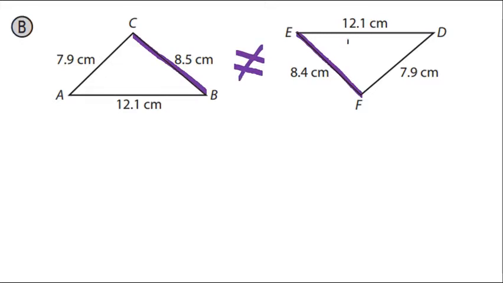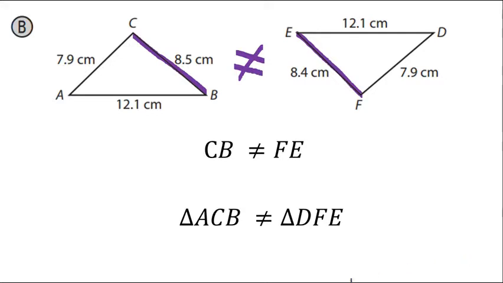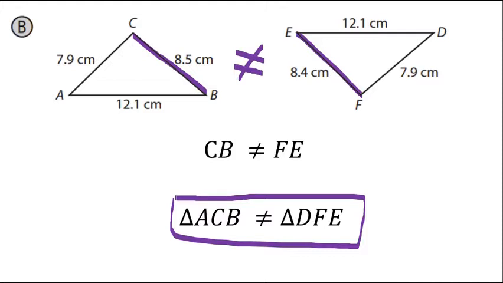The other sides do, but since these two do not equal each other, we say that side CB does not equal FE, which means that the two triangles are not congruent to each other. And just as long as one part does not match, it's not congruent.